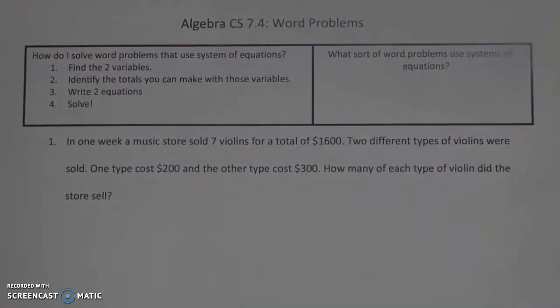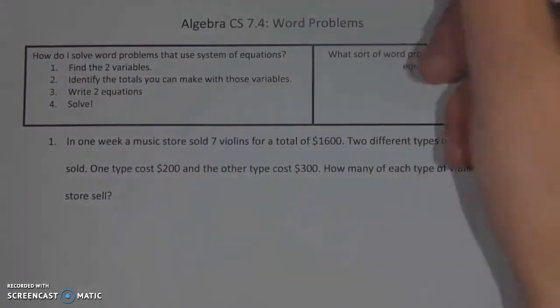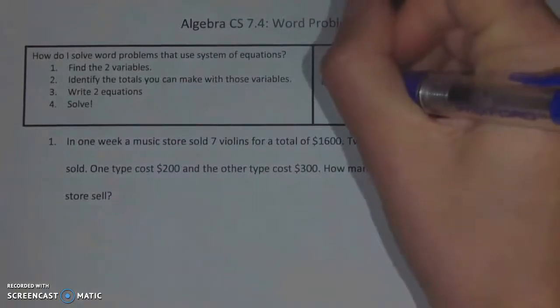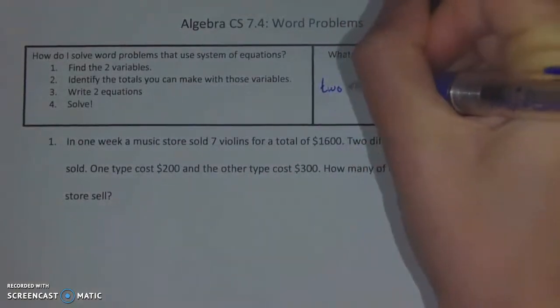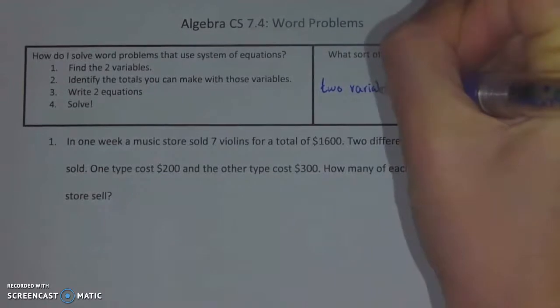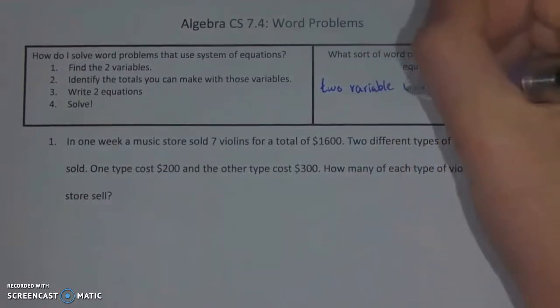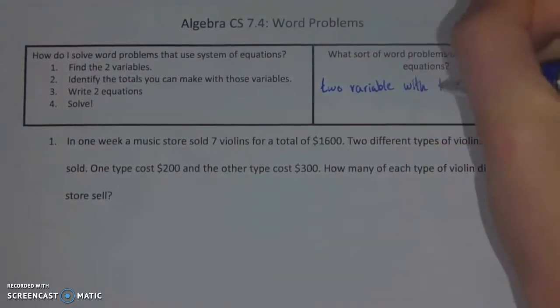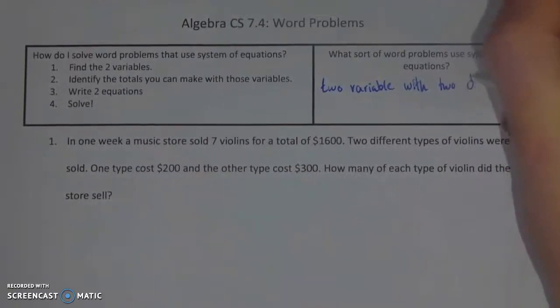So what sort of word problems will lead to those systems of equations? Well, it's just what it's saying here. It's the sorts of problems that have two variables with two distinct totals.